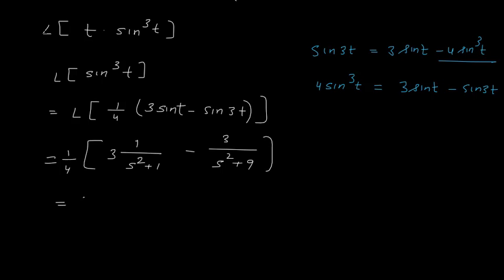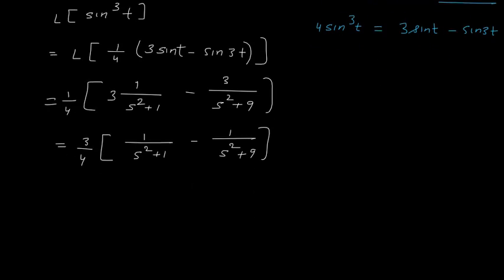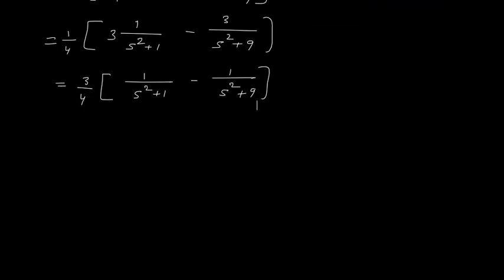This is 3 divided by 4 into 1 upon s square plus 1 minus 1 upon s square plus 9. This is Laplace of sine cube t. So therefore, Laplace of t into sine cube t.